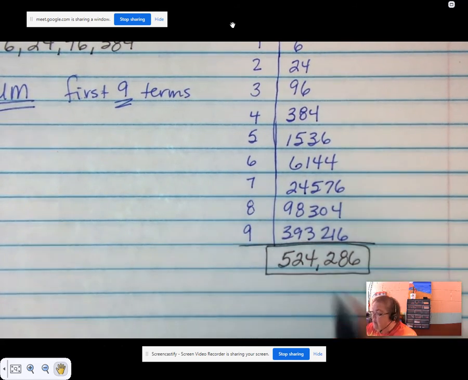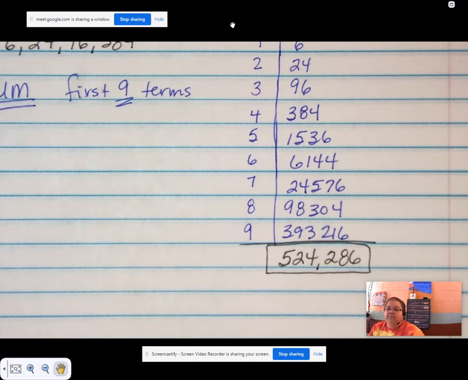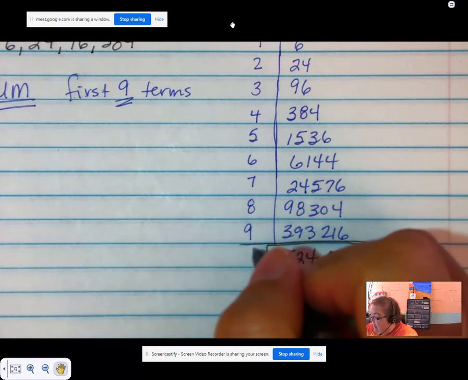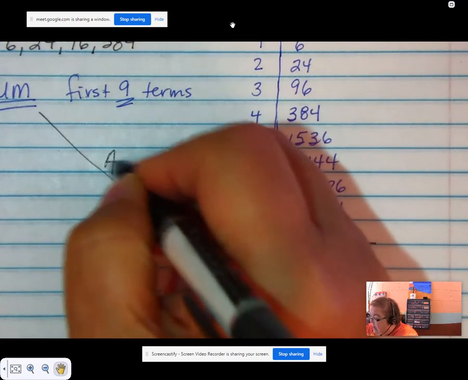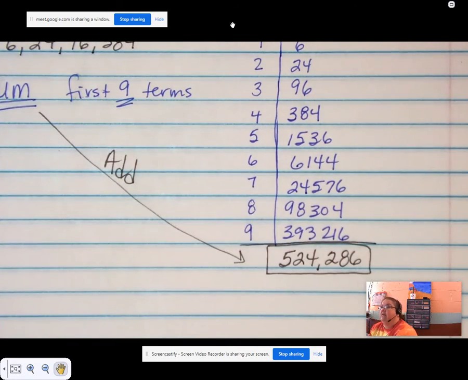So make sure you're reading the directions. It may have more than one part. Okay? Okay, questions about that? And I added to get the sum, means you add. Okay?